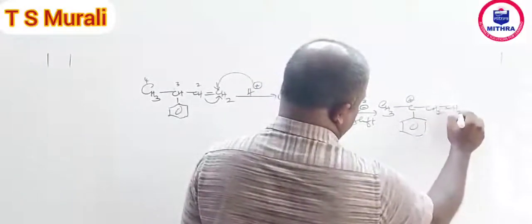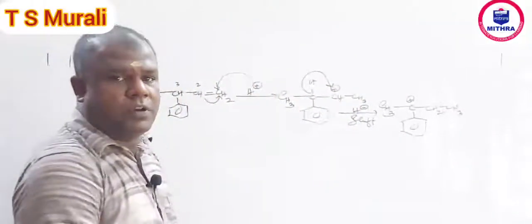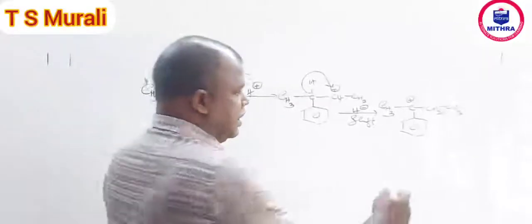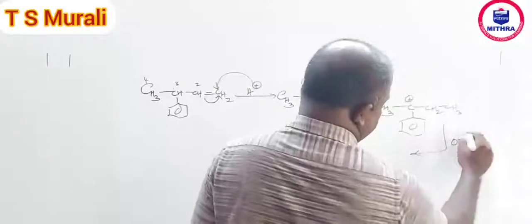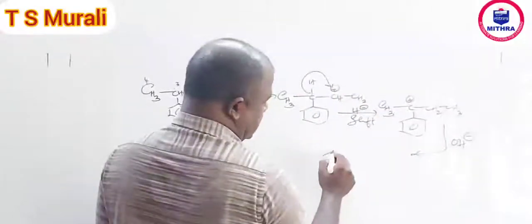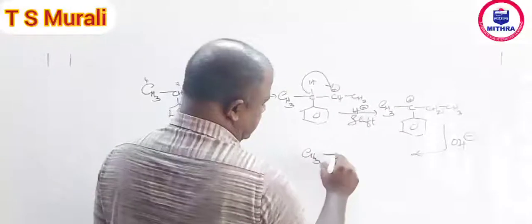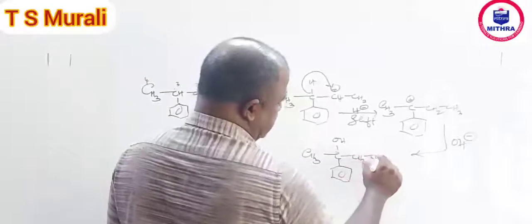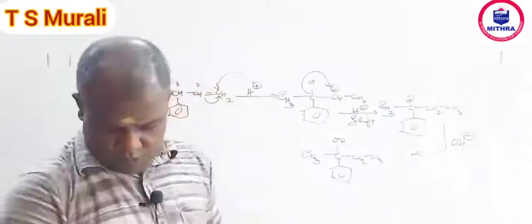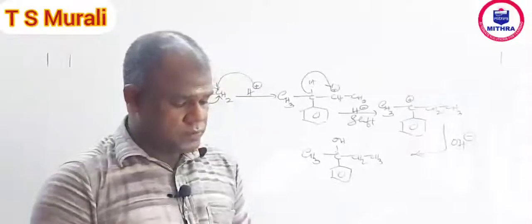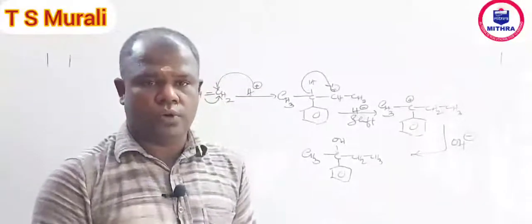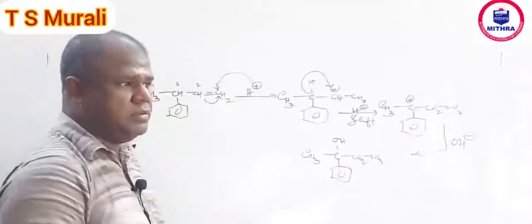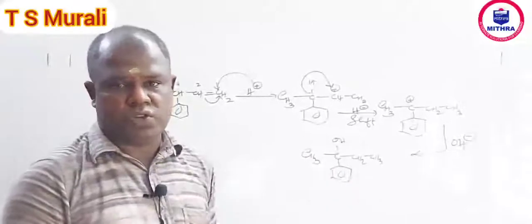The positive charge is shifted to the carbon connecting the benzene ring, and it is further stabilized through resonance. This is now joined with OH minus, positive and negative join together to form a compound CH3C with an OH group, carrying a benzene ring and CH2CH3. That means 2-phenyl-2-butanol will be the answer, option 2. A good question. So a carbocation, if possible, rearranges from primary to secondary or secondary to tertiary. Keep that in mind.